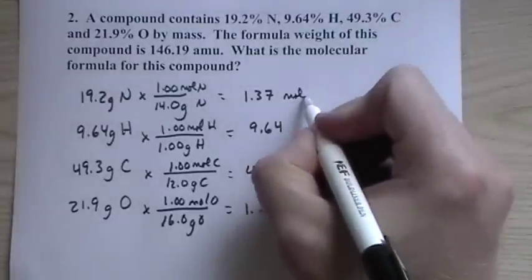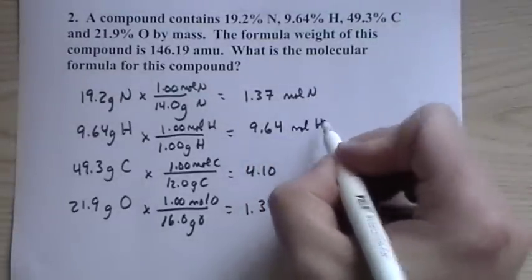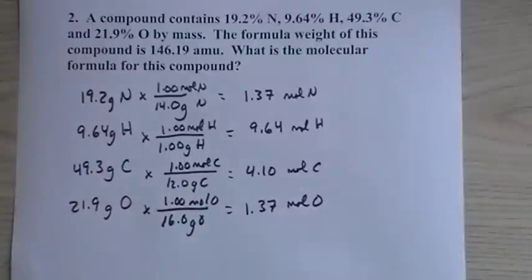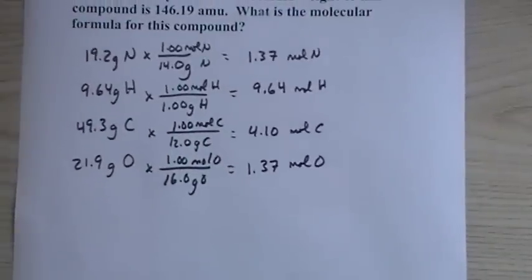And so this is moles of nitrogen, moles of hydrogen, moles of carbon. And I know these are big problems. I'm going to keep double checking to make sure I'm on screen. And then I'm just going to do a real quick calculation here to make sure that everything makes sense.